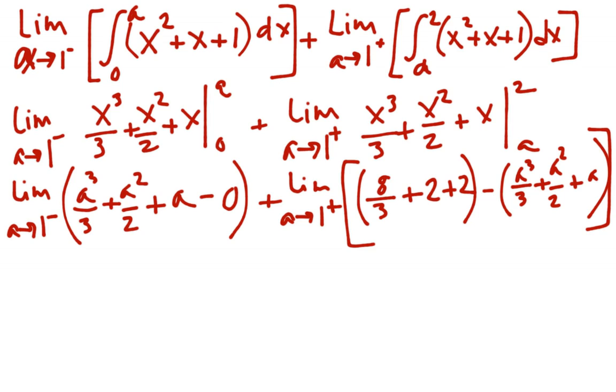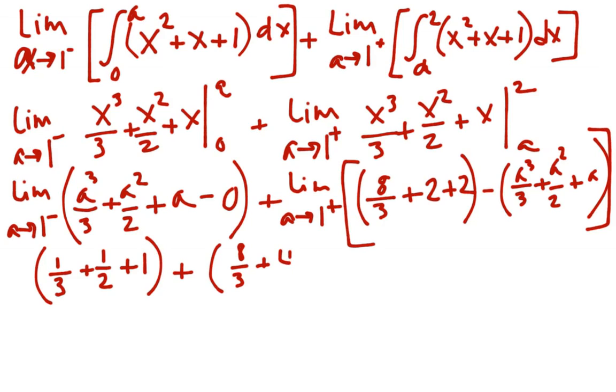And now I can use direct substitution. So I evaluate the limit by using direct substitution. 1/3 plus 1/2 plus 1 minus 0 plus, well, I've got 8 thirds plus 4 minus, make sure I get everything intact here, and what do I have? 1/3 plus 1/2 plus 1.